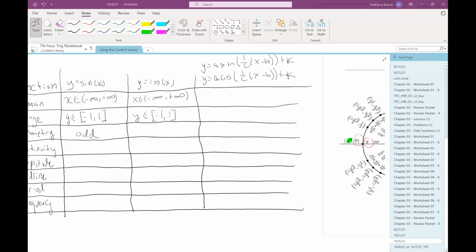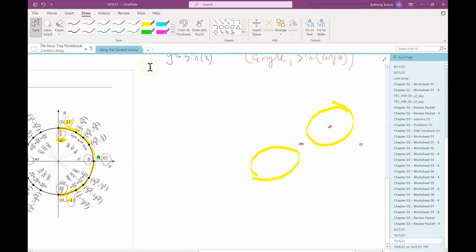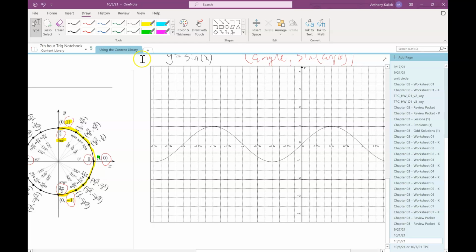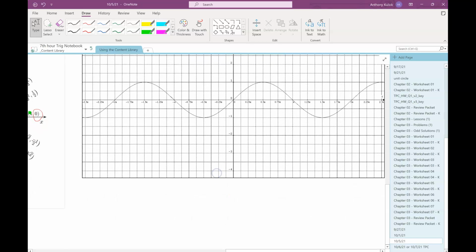So let me do this real quick. I'm going to drop in that graph of sine because here things are in radians.